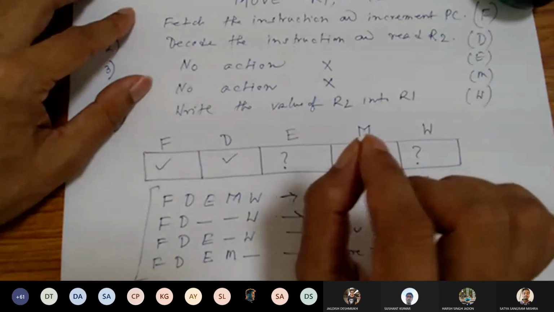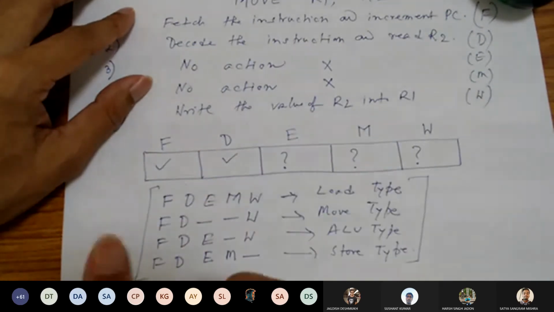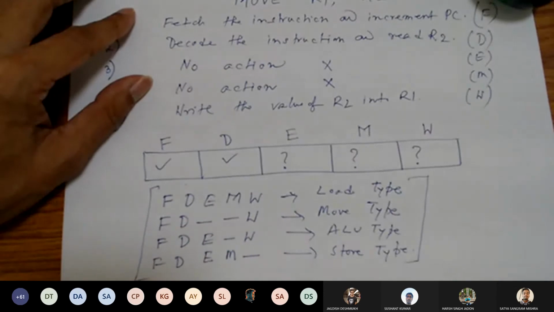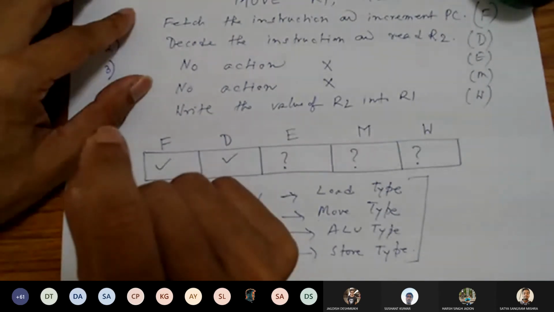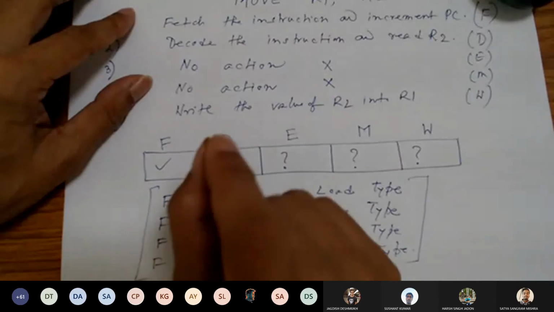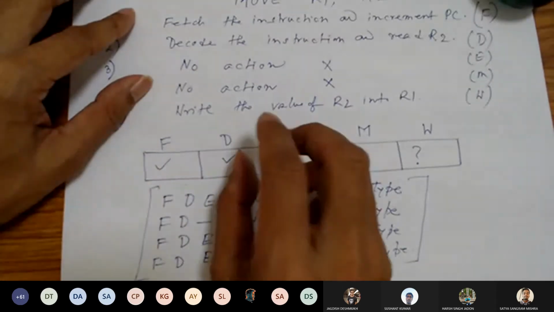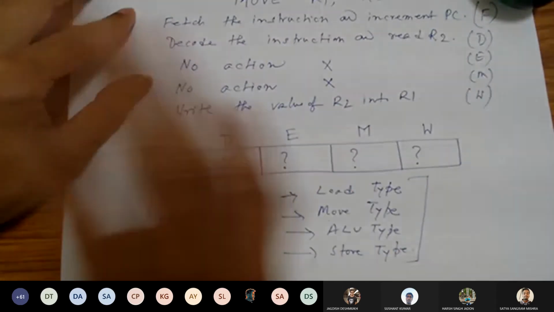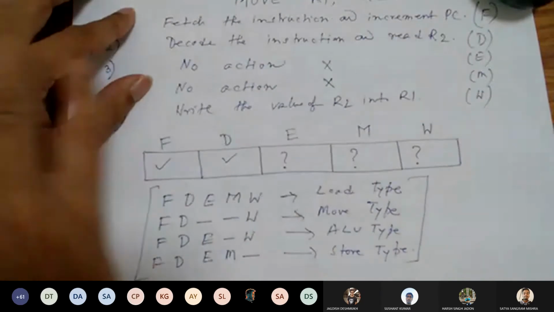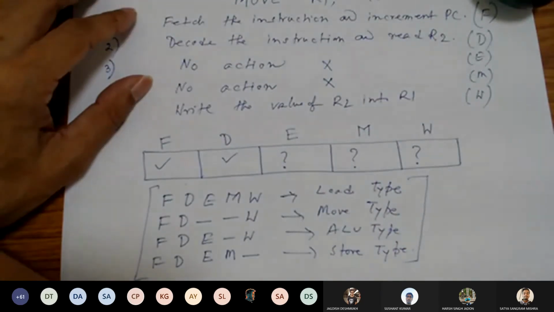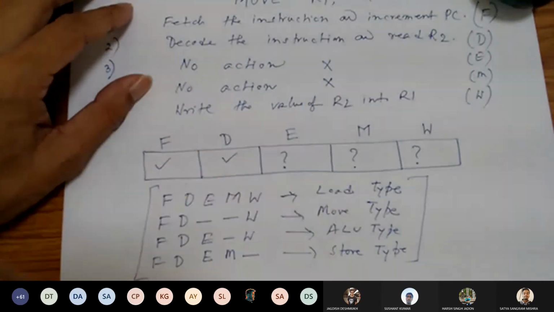So 90% of your focus must now be on how these registers can be used. Other combinational circuits like multiplexers and decoders, you all know; you just need to recap those circuits. But this register transfer is very important.